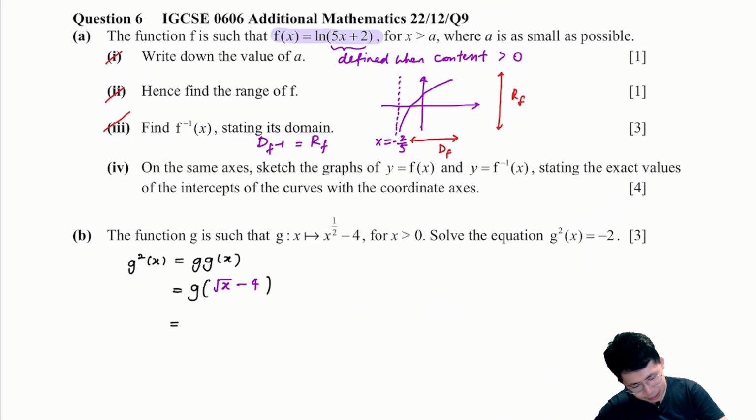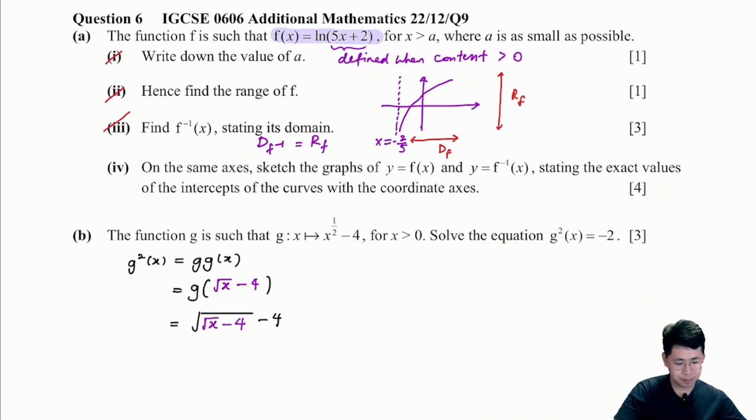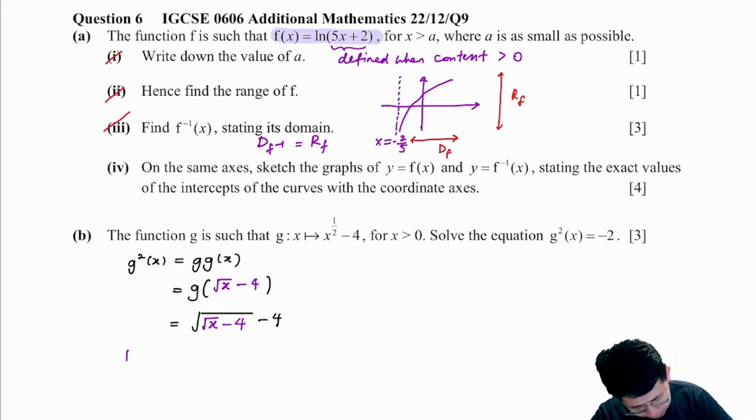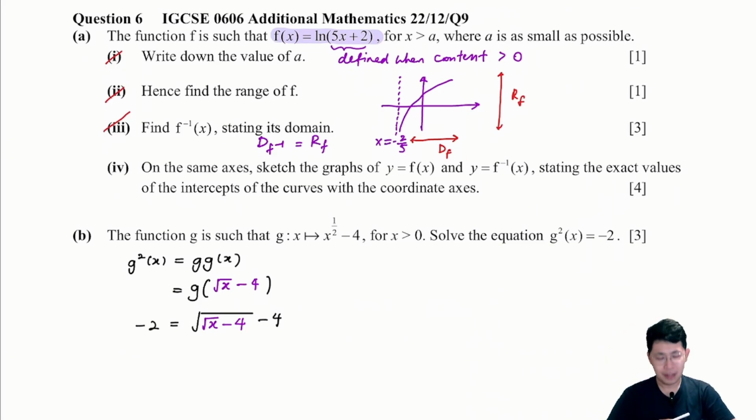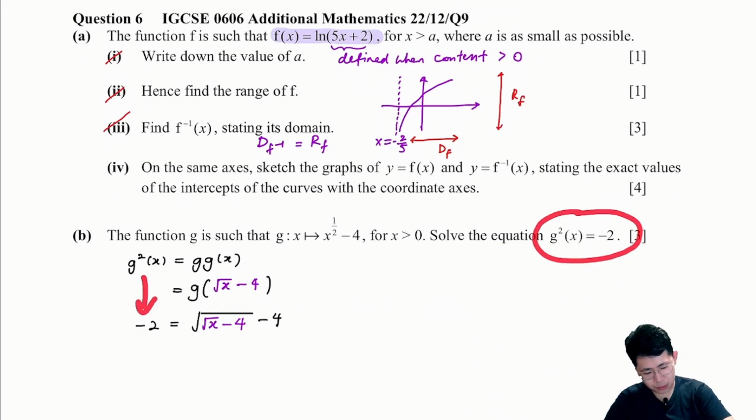Okay, so subbing this in, I have a square root on the outside minus 4, and I will put this inside, so square root of x minus 4 like this over here. Now I will equate this to negative 2, because g(g(x)) equals negative 2, and try to solve for x.